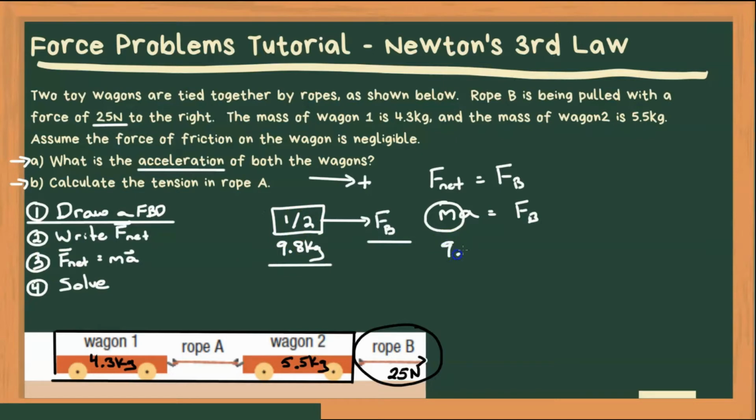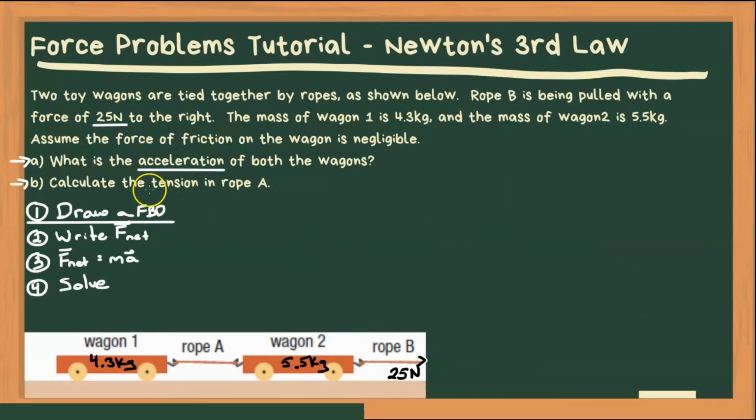So we have 9.8 kilograms times acceleration is equal to that force of tension in rope B, which is 25 newtons. So now we can solve for acceleration, which will be the acceleration of the whole system, or the acceleration of wagon 1 or wagon 2. Doesn't matter, they're all the same. The acceleration is 2.6 meters per second squared, and we could just write forward.